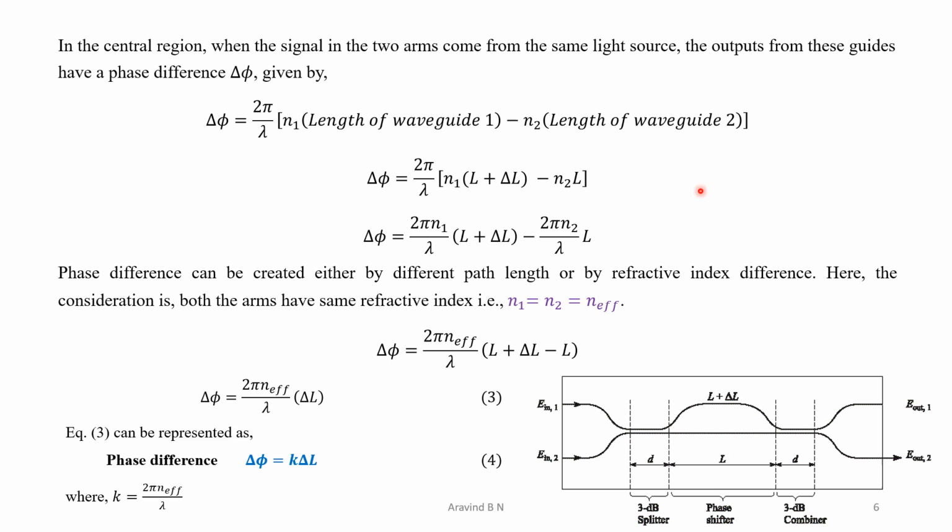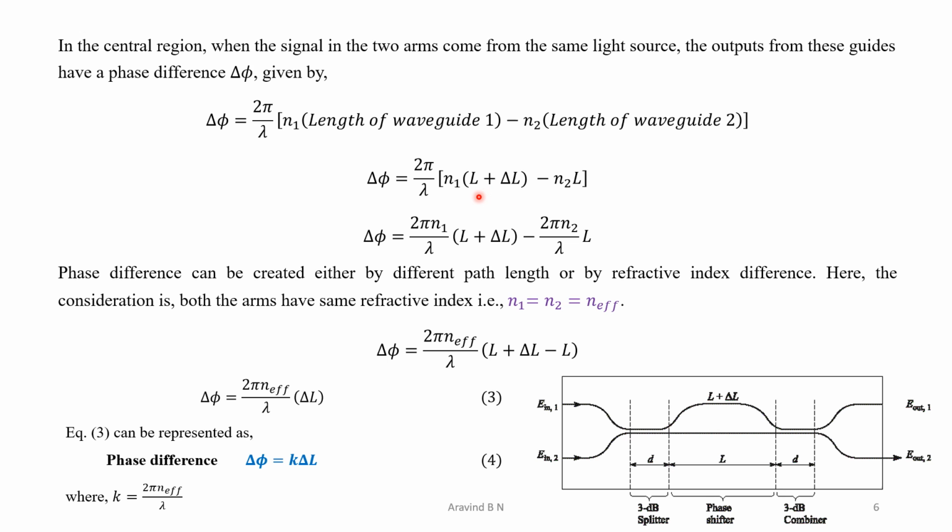The length of waveguide 2 is L, and that value has been substituted here. The lengths of waveguides 1 and 2 are interchangeable, but whatever we choose, that is important: the upper one is waveguide 1 and the lower one is waveguide 2.